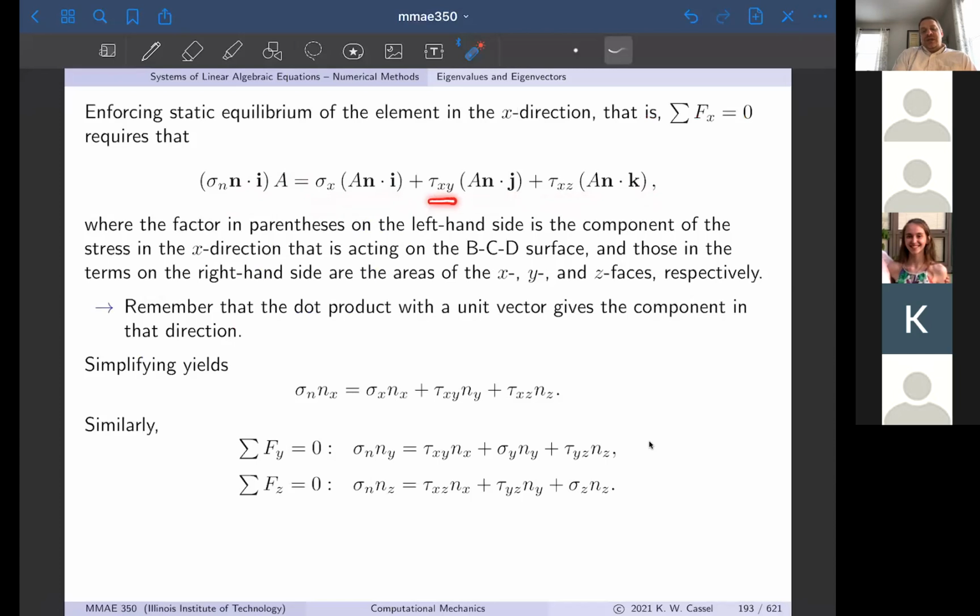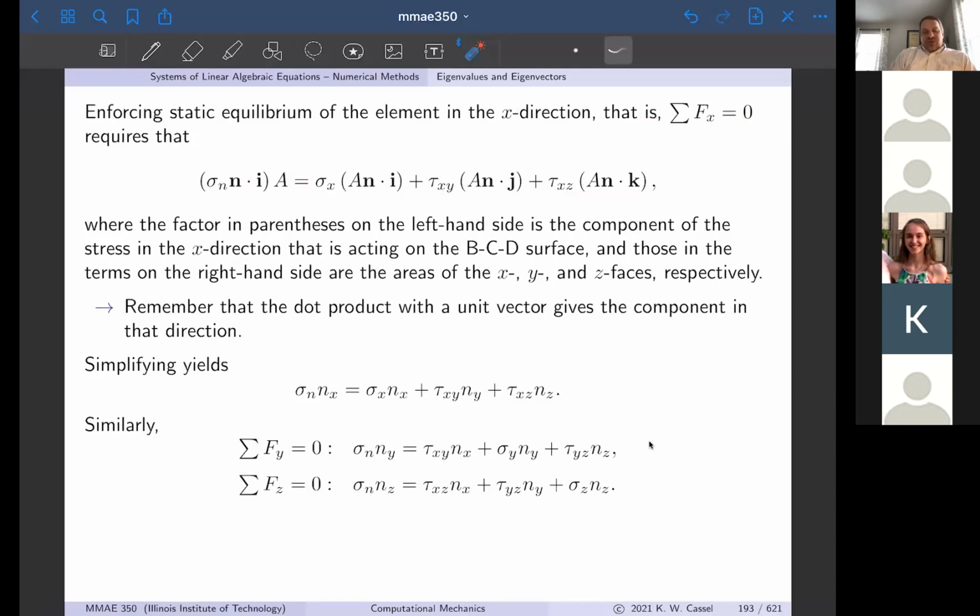So tau_xy times its area, tau_xz times its projected area. So that is simply just adding up the forces in the X direction and setting them equal to 0. We're simply enforcing static equilibrium, a physical principle.